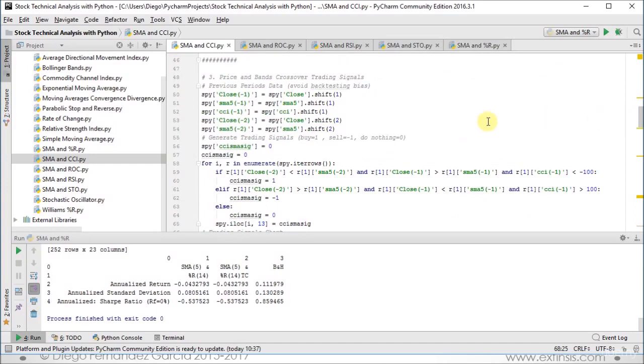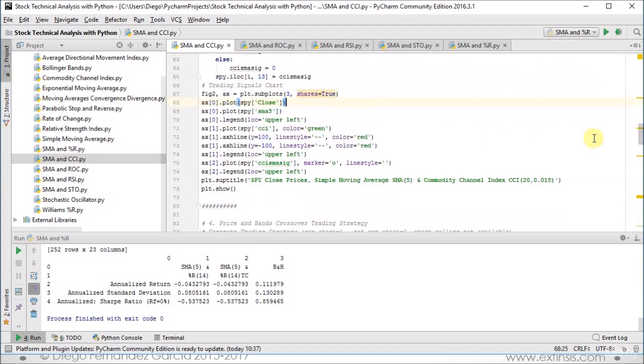Then we calculate trading signals, which in this case is a price crossover which needs to be confirmed by bands crossover through certain thresholds. Therefore, we're using previous period's data again to avoid backtesting bias, generating buy equals 1, sell equals -1, or do nothing 0 trading signals. The first if conditional for a buy signal, the second else if, or nested else if, as sell signal, or else, which is do nothing.